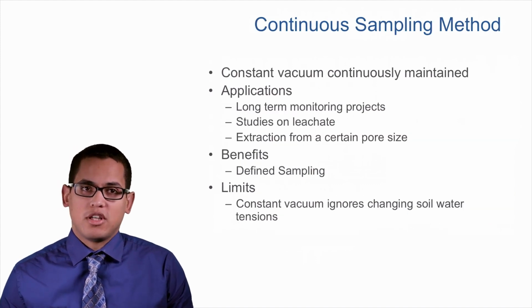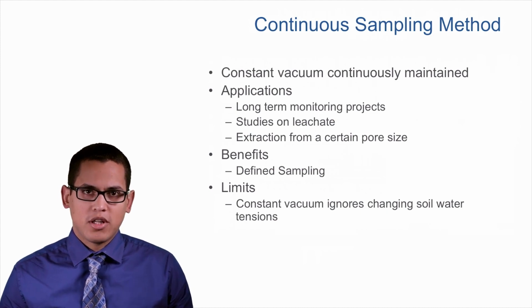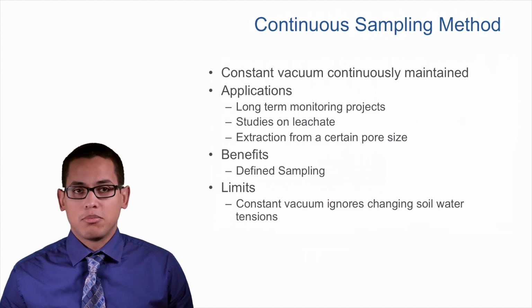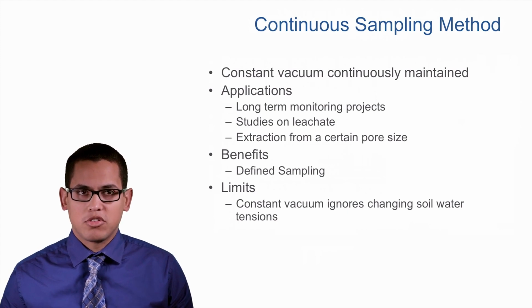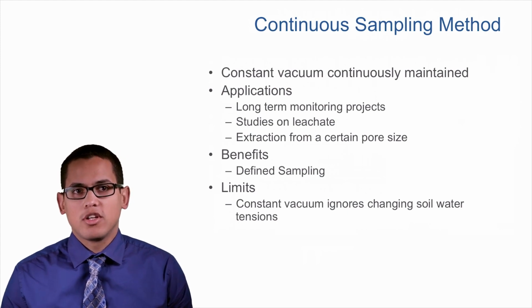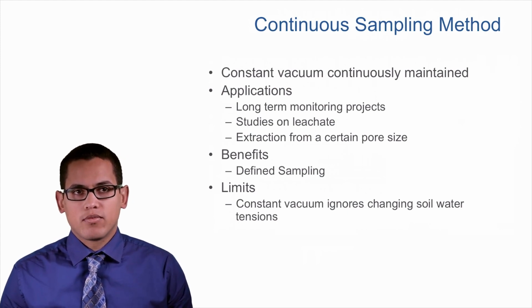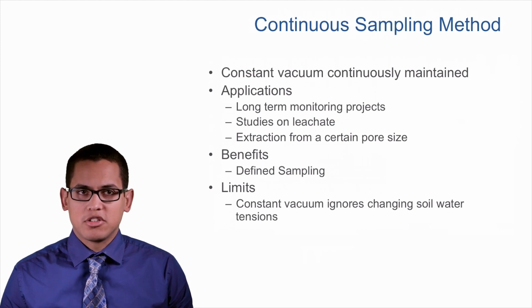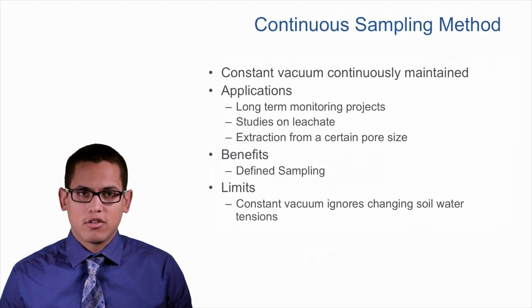Now, the continuous sampling method. With this method, you have a constant vacuum applied or continuously maintained using a vacuum system that's meant to be left out in the field. Applications of the continuous sampling method are primarily for long-term monitoring projects.